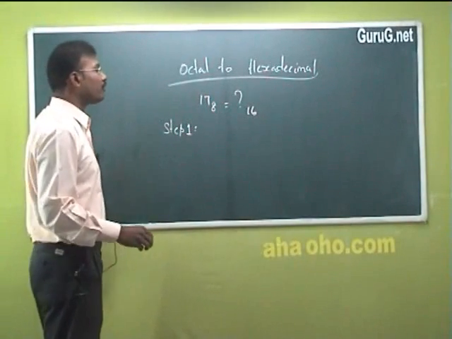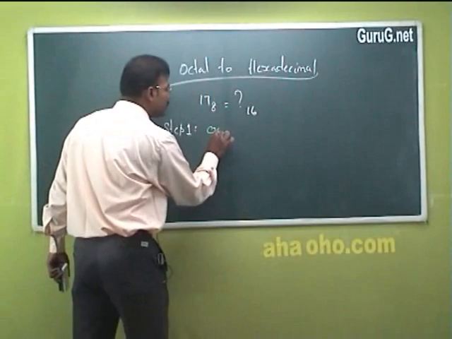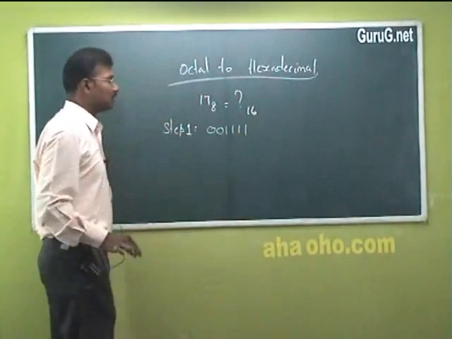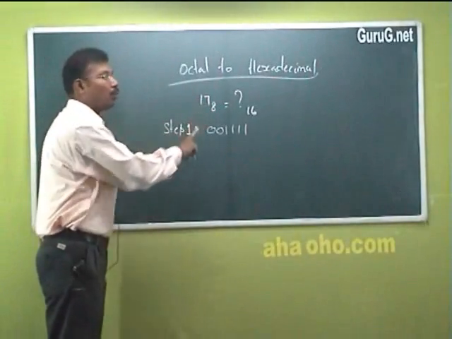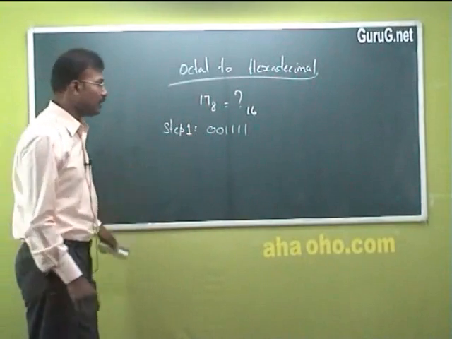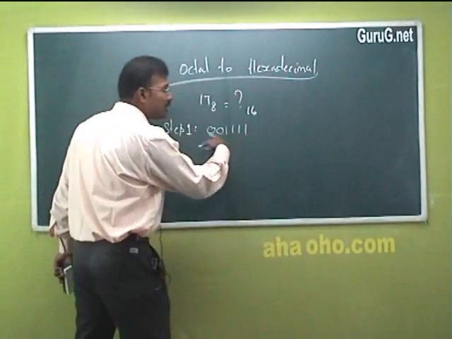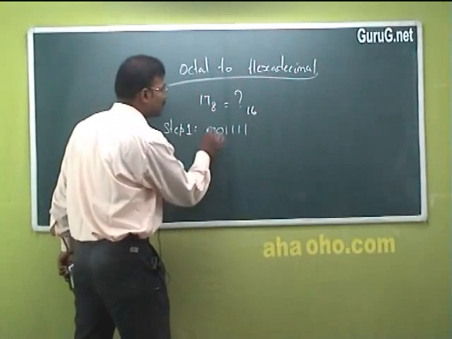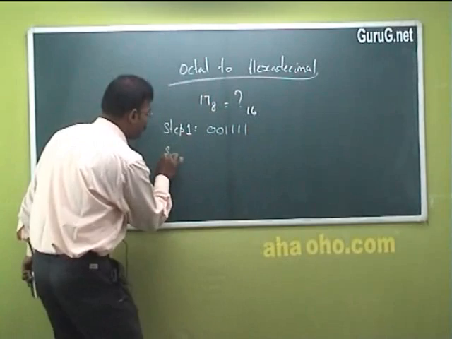What is the binary equivalent for 17? It is 001 111. This is the binary equivalent for 17 octal. Now we are going to convert this into hexadecimal.